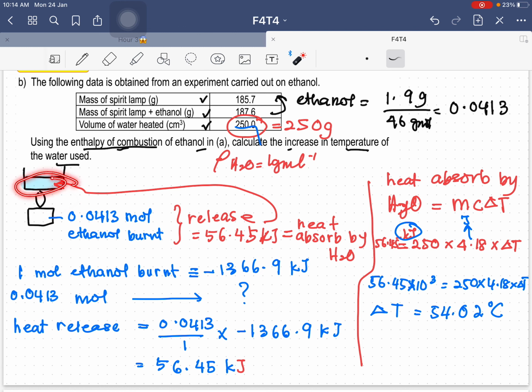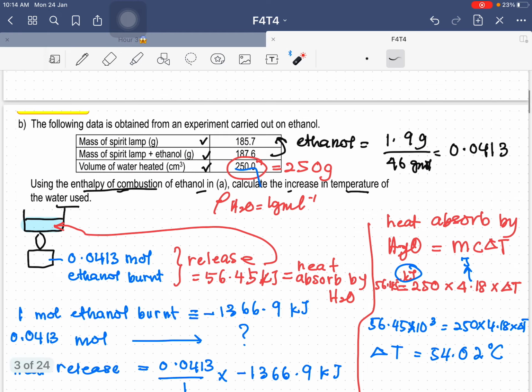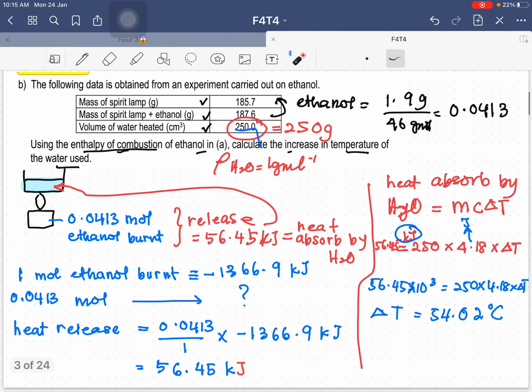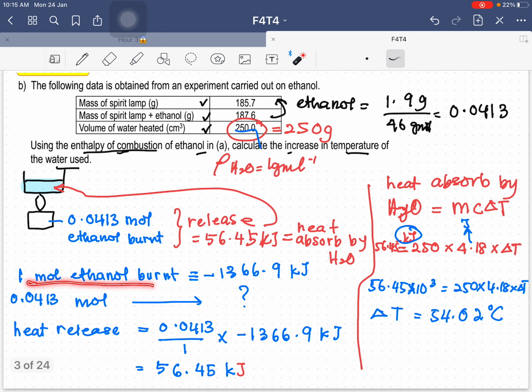Here, we need to find how much heat is absorbed by this water. We can determine it from the enthalpy of combustion that we calculated before: 1 mole of ethanol burned will release 1366.9 kJ of heat.